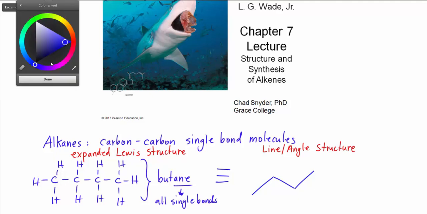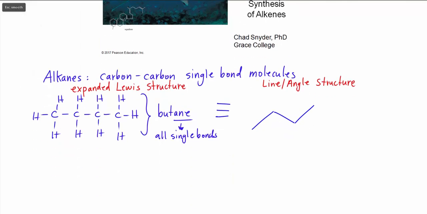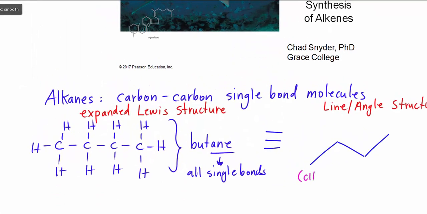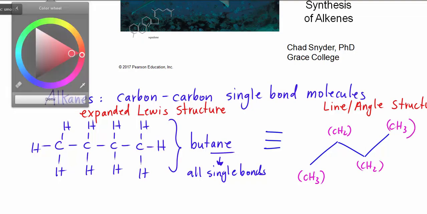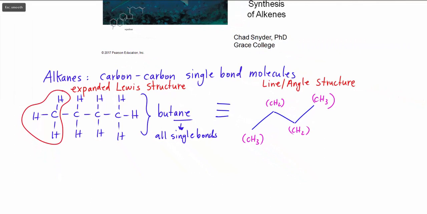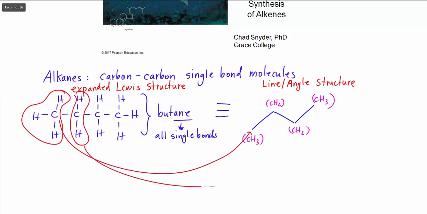So we recall that this is a CH3 group, this is a CH2, this is a CH2, this is a CH3. So that refers to that carbon with the two hydrogens.